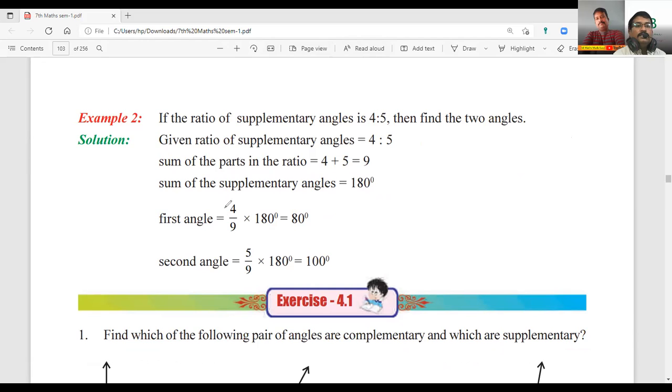No doubt about that. So the sum of the parts in the ratio is 4 plus 5, which is equal to 9. The sum of the supplementary angles is 180. So how many parts of angles are there? Total parts is 9.